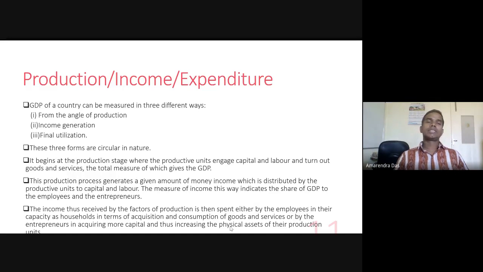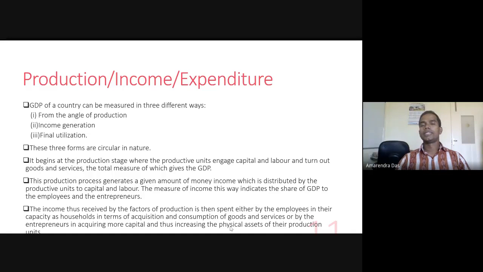So these three forms are circular in nature. Suppose in a two sector model there are households and only manufacturers or firms. Then the household is selling the factors of production like labor to the firm, and then the firm is producing output.